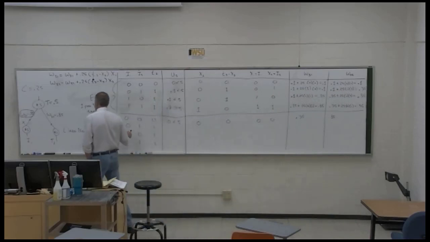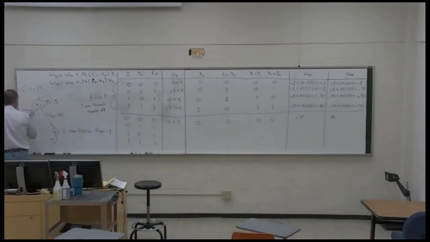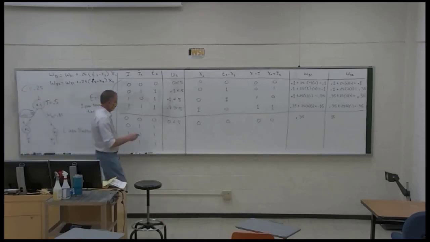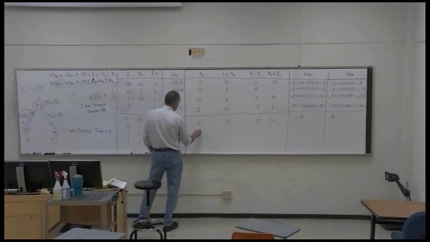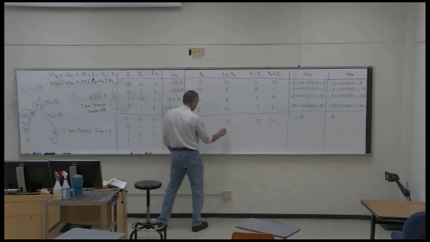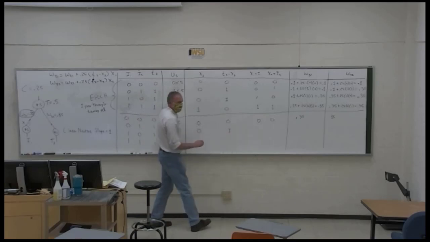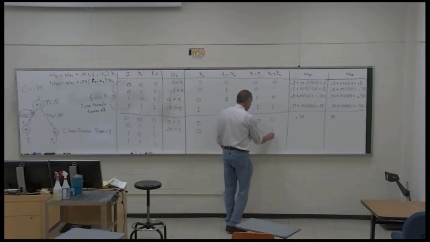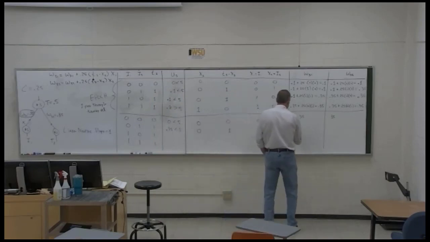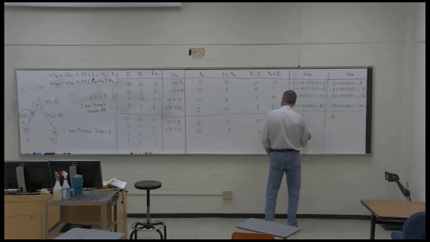How about now? Let's go to this one, 0, 1. 0 times 0.35, 1 times 0.35. Net input is 0.35. Less than the threshold. No firing. Give an error of 1. The signal was a 0 and 1, so we update this weight. Got an error of 1.